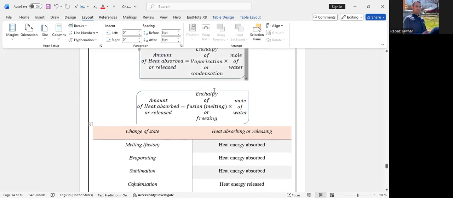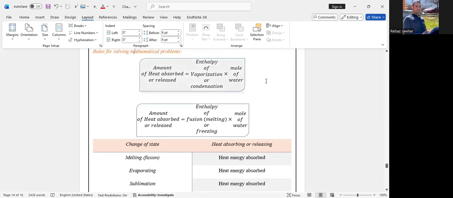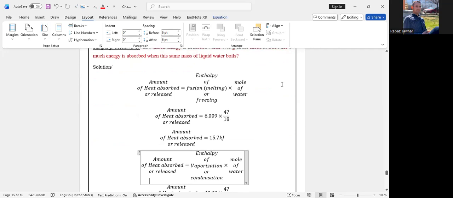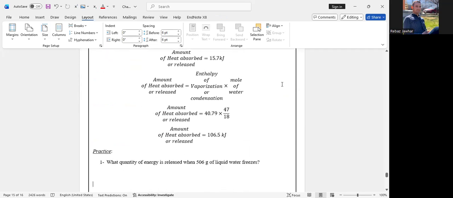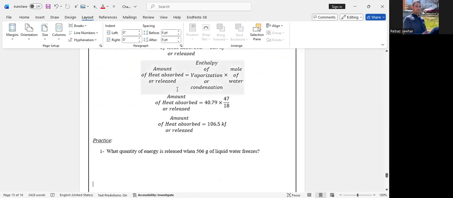So we use this rule: the amount of heat absorbed is equal to the enthalpy of vaporization or condensation times the moles of water. Yes, this is the rule for the second part of the question. The amount of heat absorbed or released is equal to the enthalpy of vaporization or condensation.